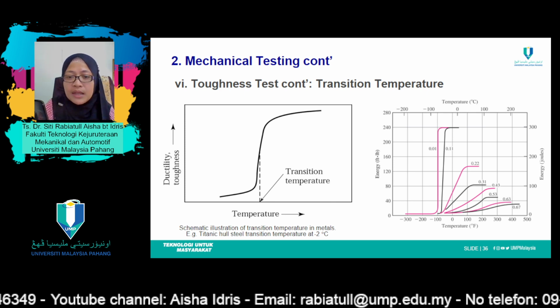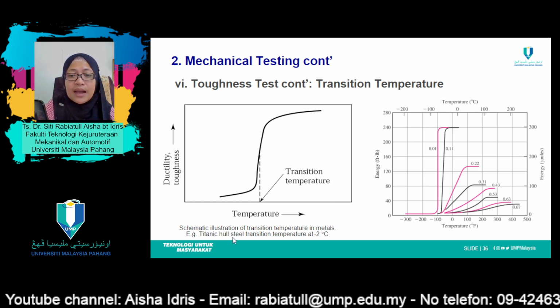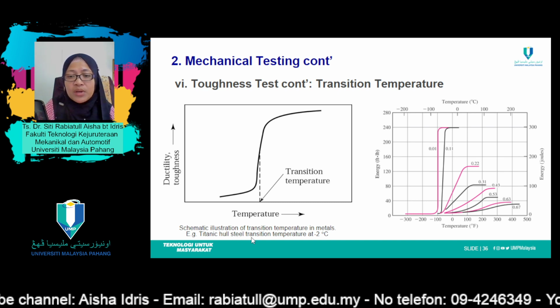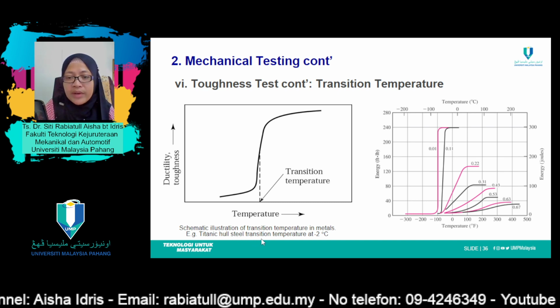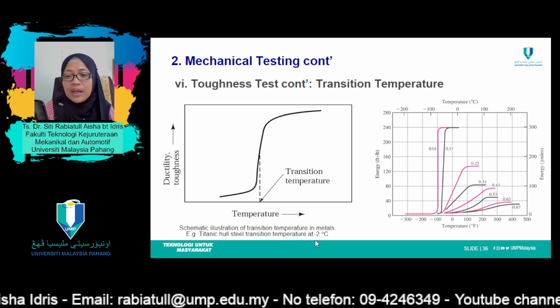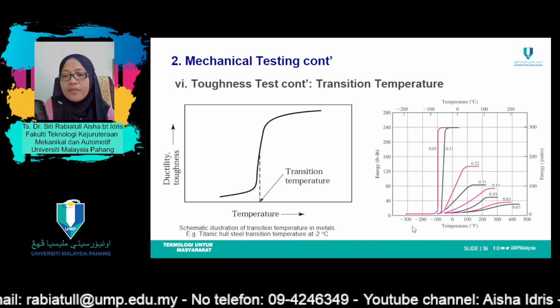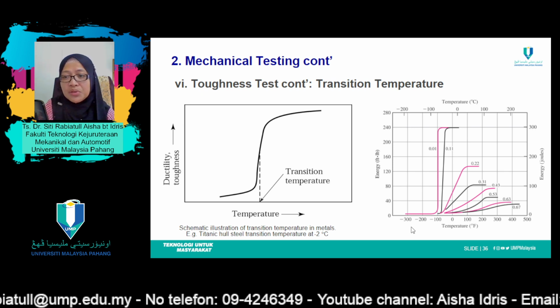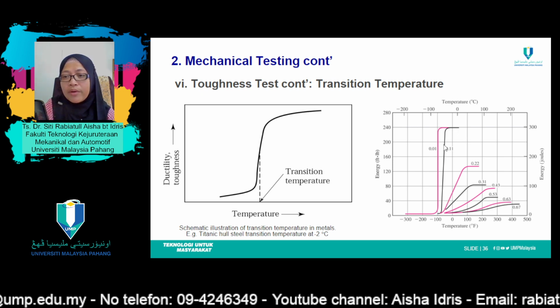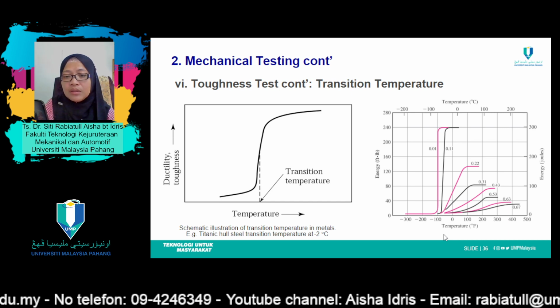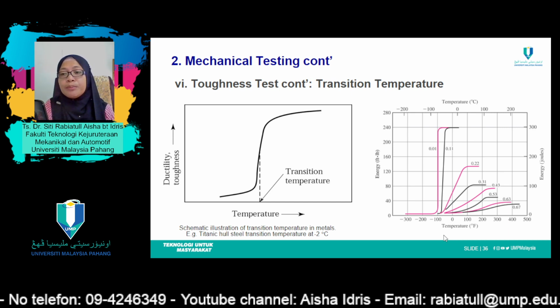Now let's look at the example of Titanic hull steel, which suffers a transition temperature at negative 2 degrees C. The red one refers to the temperature transition. The black one refers to the original profile.